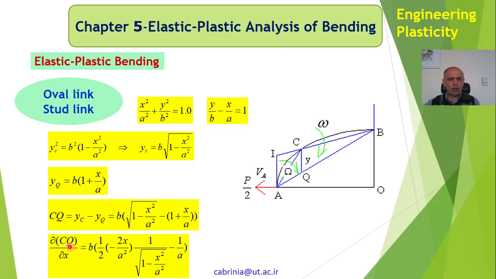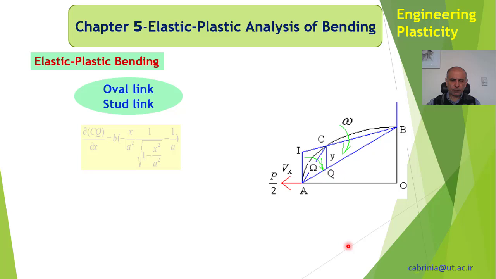And then if I differentiate this equation, partial of cq with respect to partial of x, I get a relationship like that. That is, the partial of cq with respect to x is b times that parenthesis. In here I have a and b, which are known. So if I put this equal to 0, I can get x.